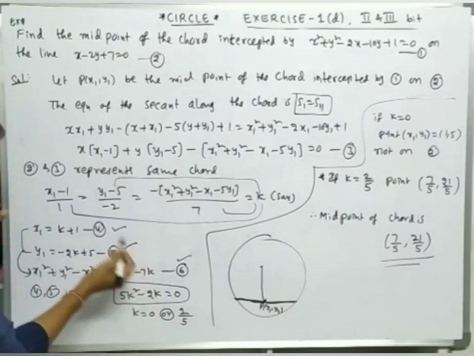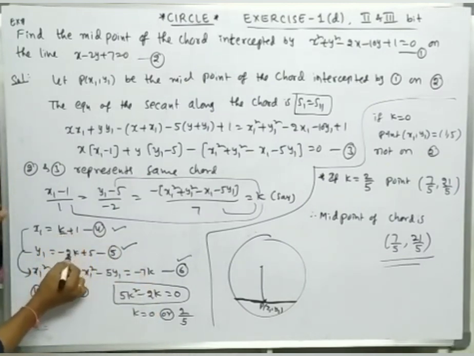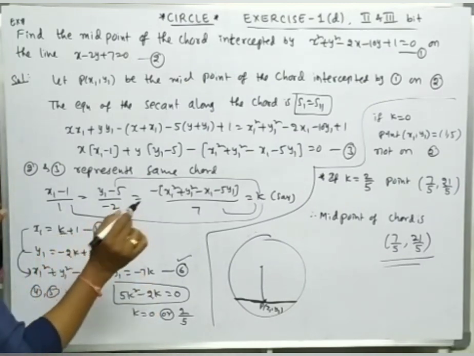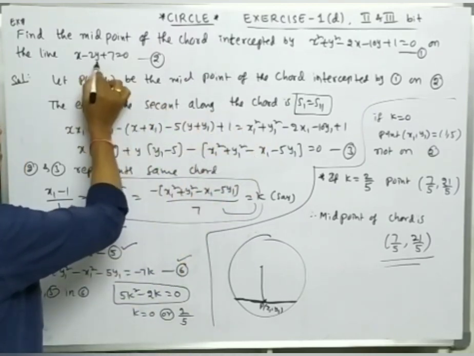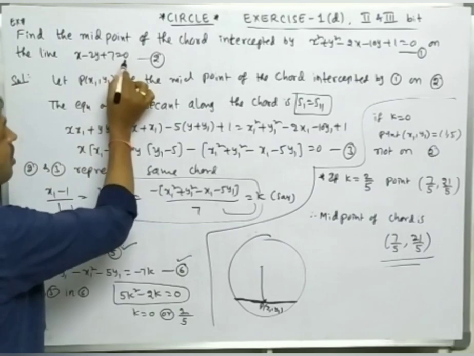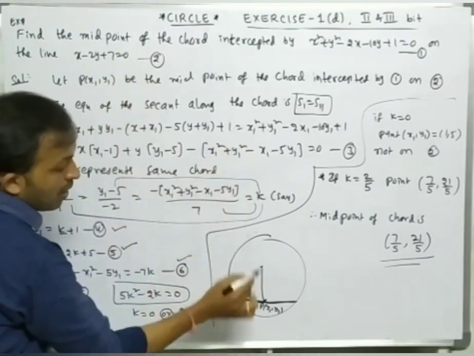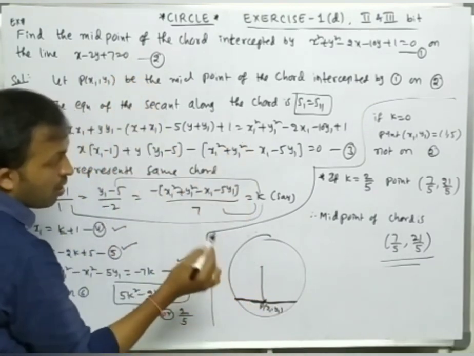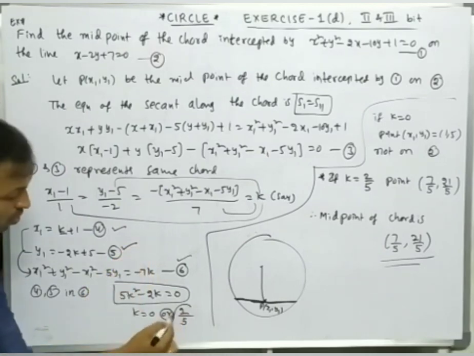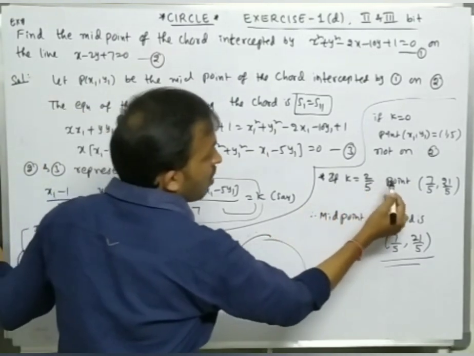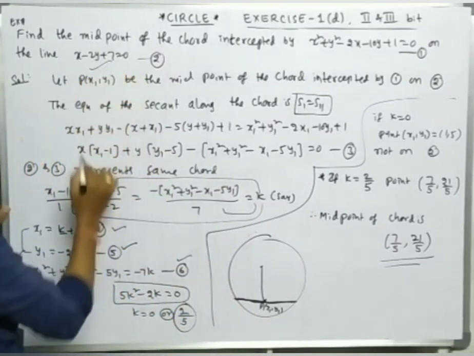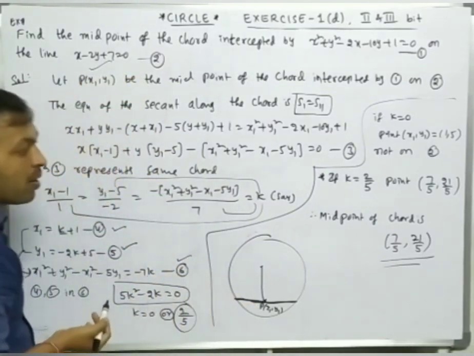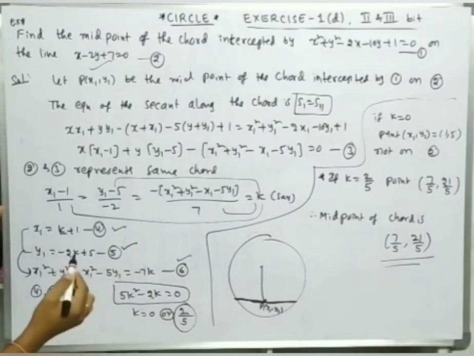Substituting k is equal to 0 in this one, 0 plus 1 is 1, 0 plus 5 is 5, (1, 5). But if we substitute (1, 5) in this equation, we will not get 0, therefore that point does not lie on this chord. So go to k is equal to 2 by 5. With k is equal to 2 by 5, you will get (7 by 5, 21 by 5), that point lies on this chord, therefore (7 by 5, 21 by 5) is the midpoint of the chord.